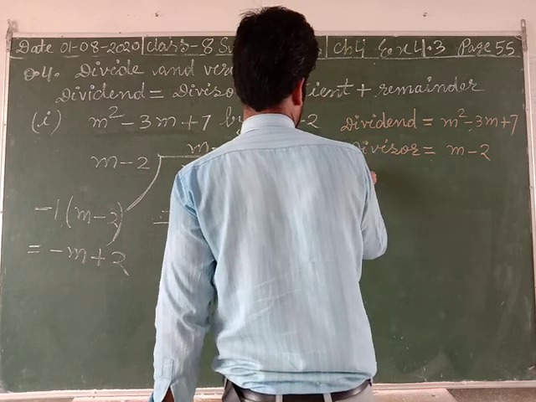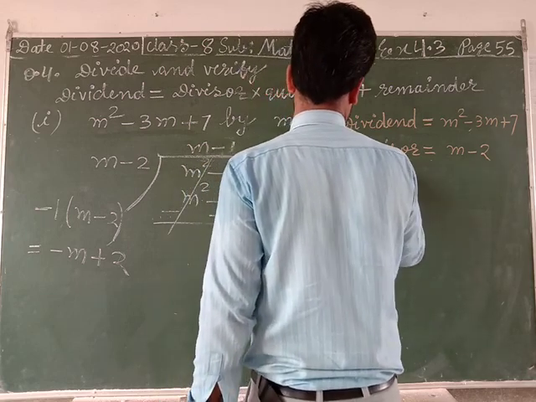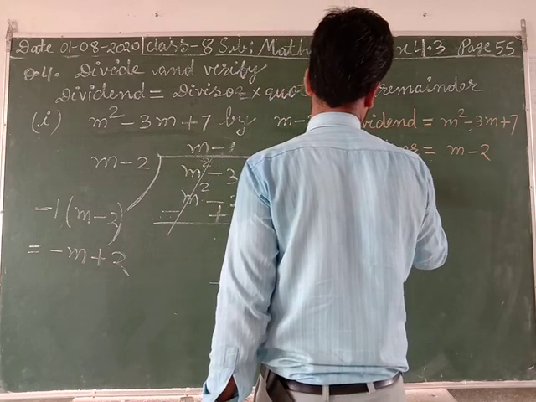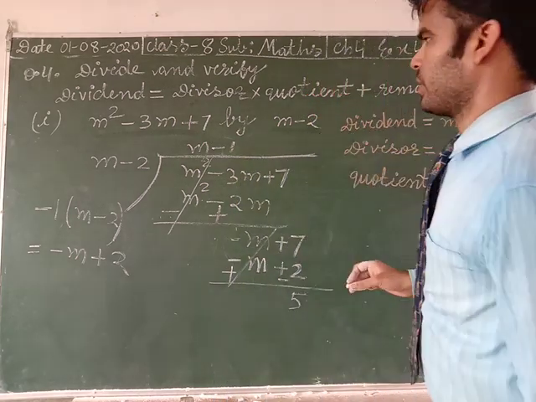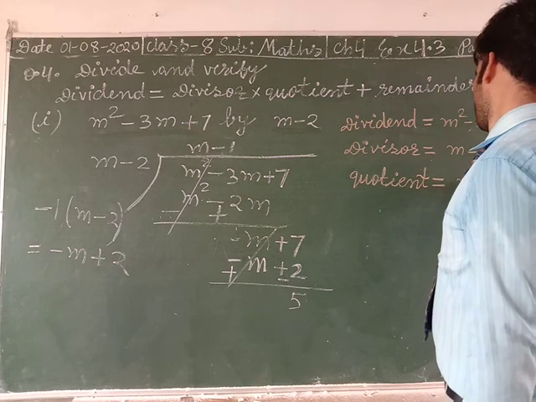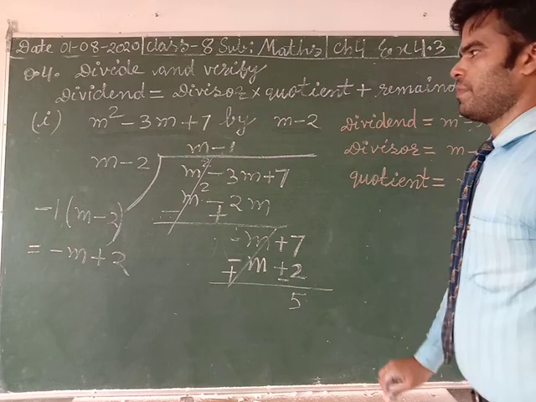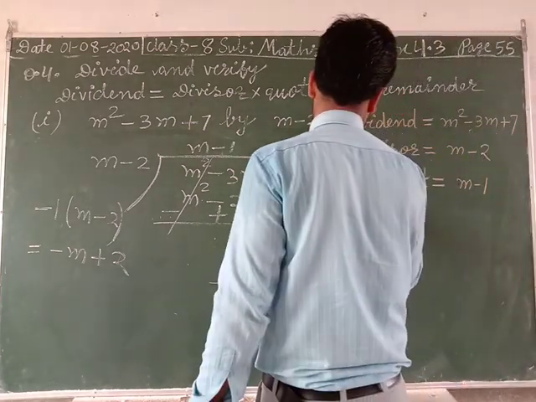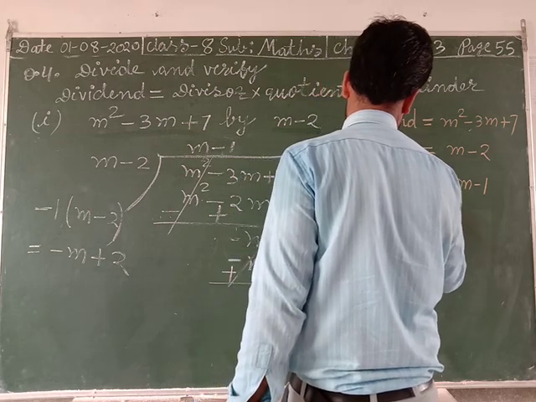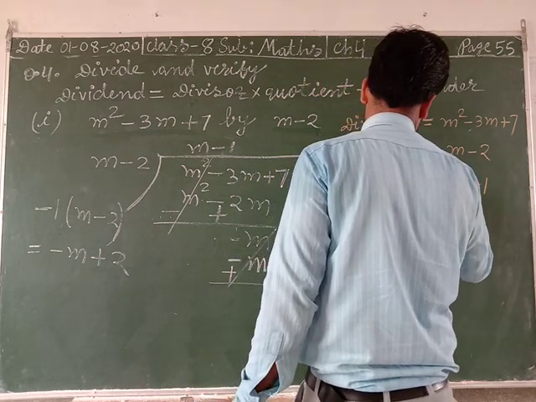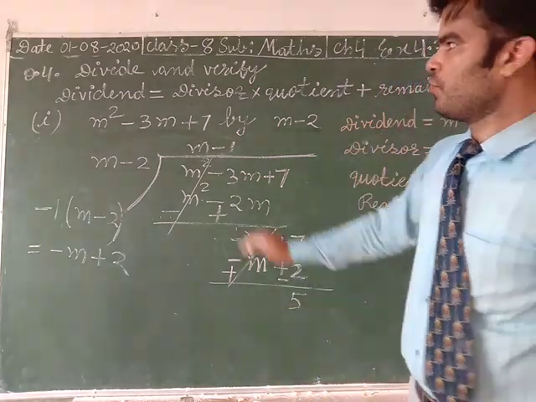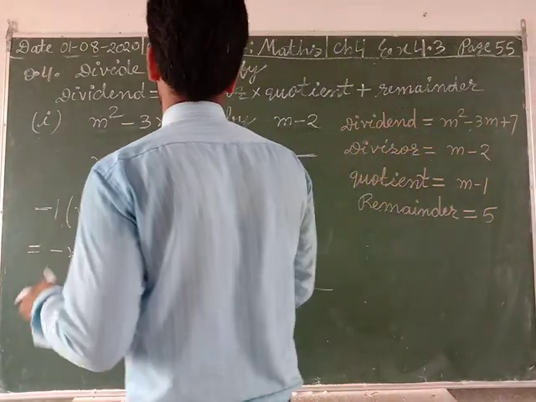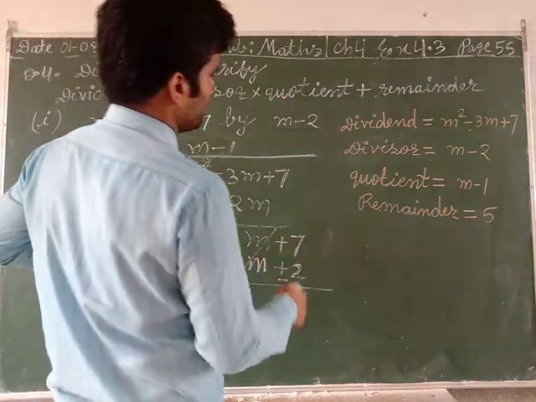Dividend divisor, and quotient is equal to, students, quotient is equal to m minus 1 and remainder is equal to 5. So we have to verify this dividend is equal to divisor into quotient plus remainder.